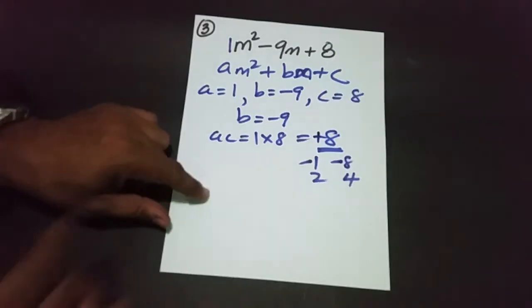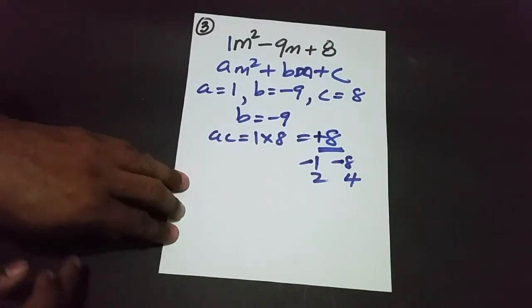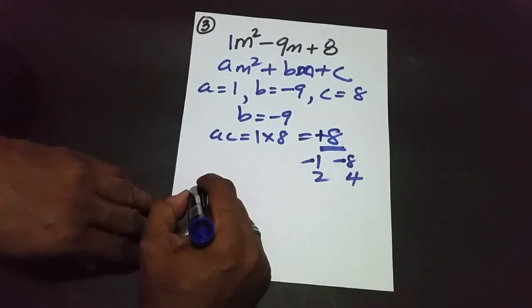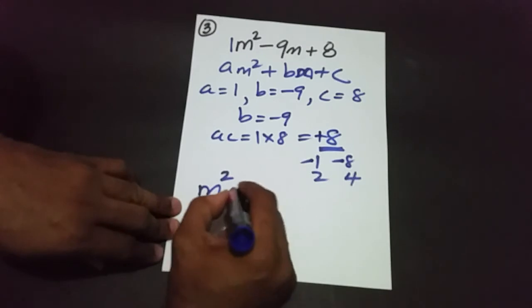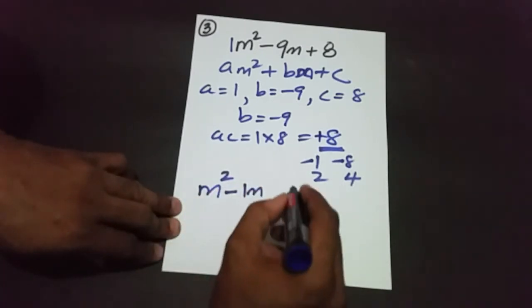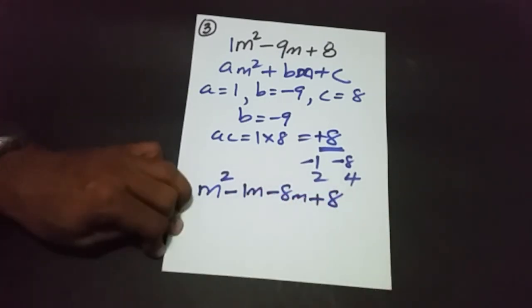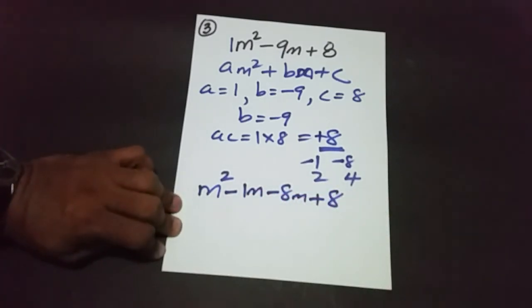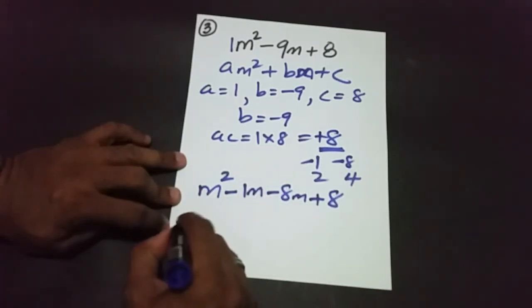All right? And that is actually the combination of the product of a and c. So I'm going to rewrite this, except I'm not going to write negative 9m. I'm going to write minus 1m, which I could have written as minus m, minus 8m, and positive 8. And then I'm going to proceed to factorize by grouping. So what is common in these two terms is m.